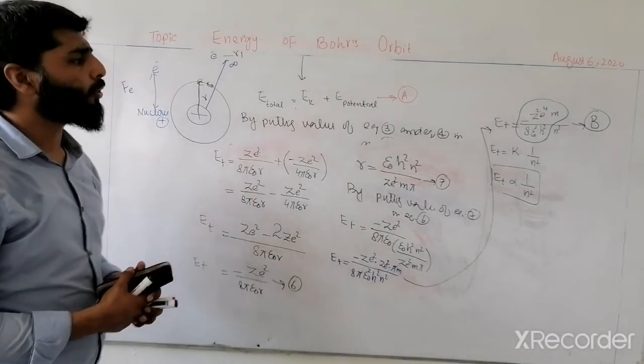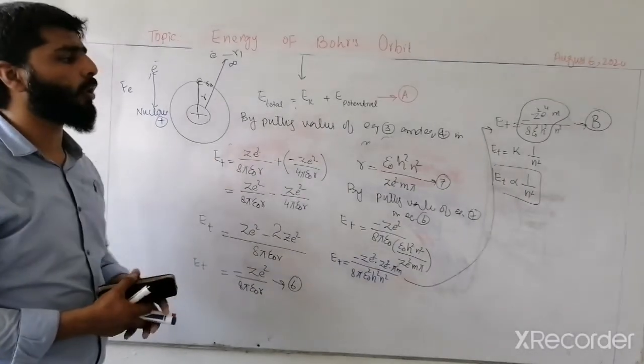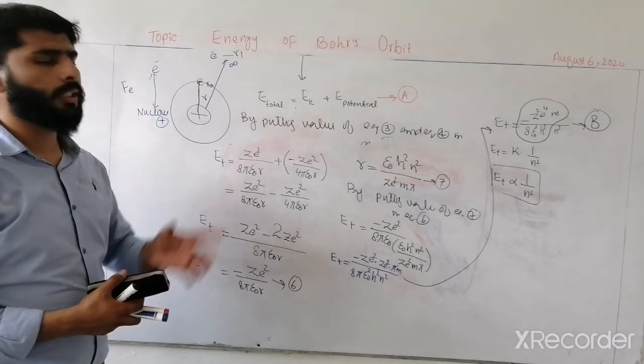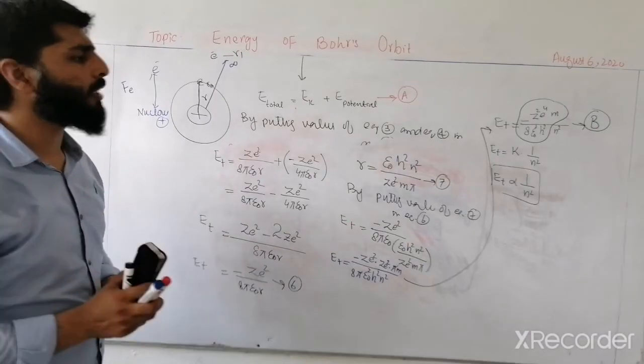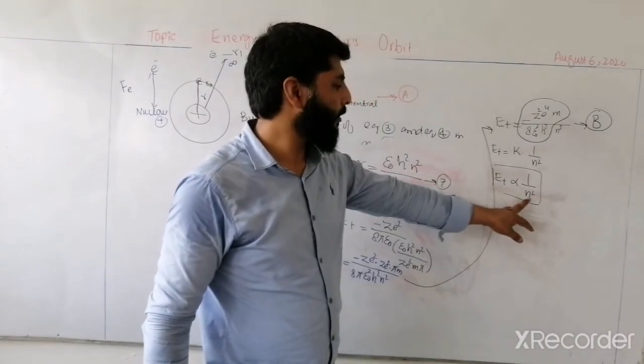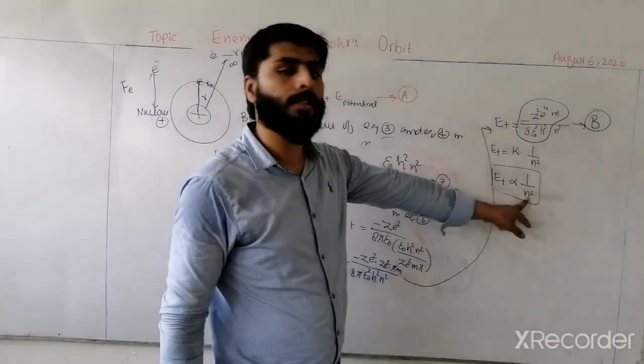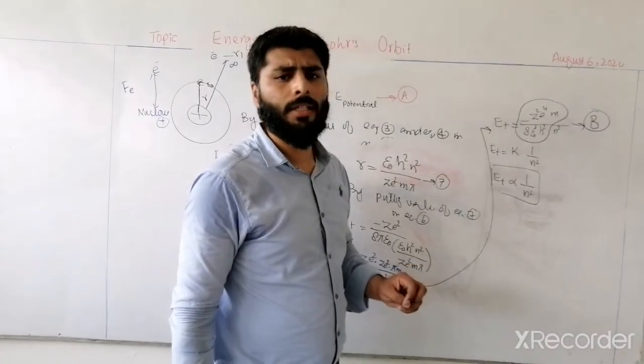Now we can also calculate the frequency and wave number of the revolving electron by using this equation. Students, one thing you have to keep in mind is that the greater the value of n, the greater the number of shells, the smaller will be the energy.